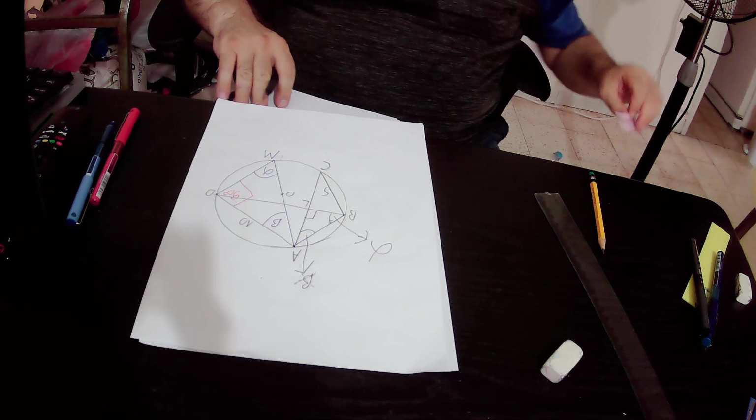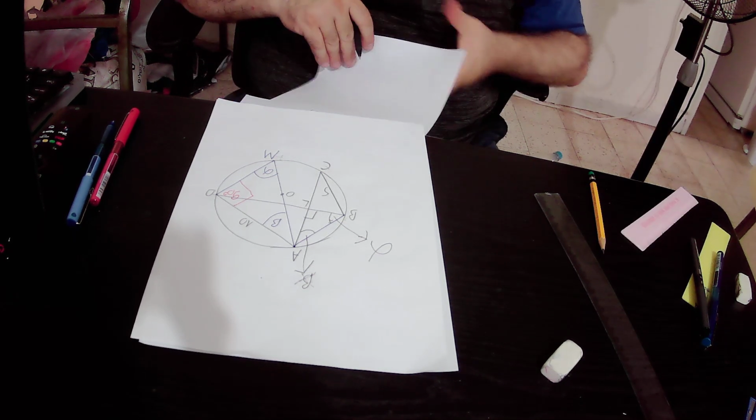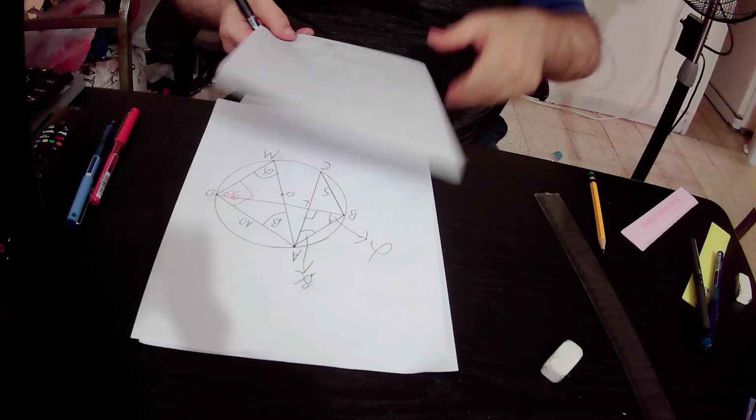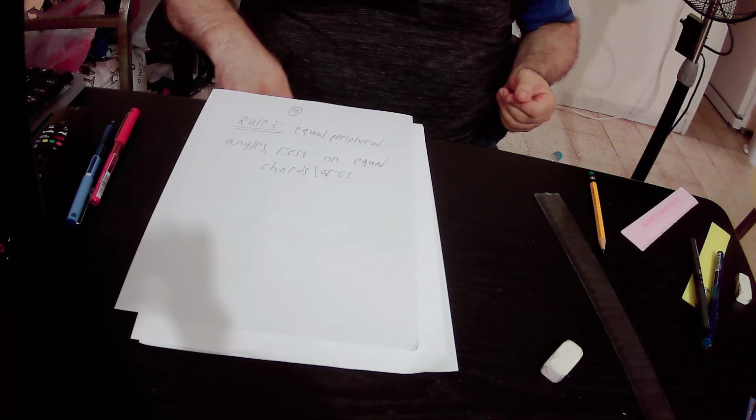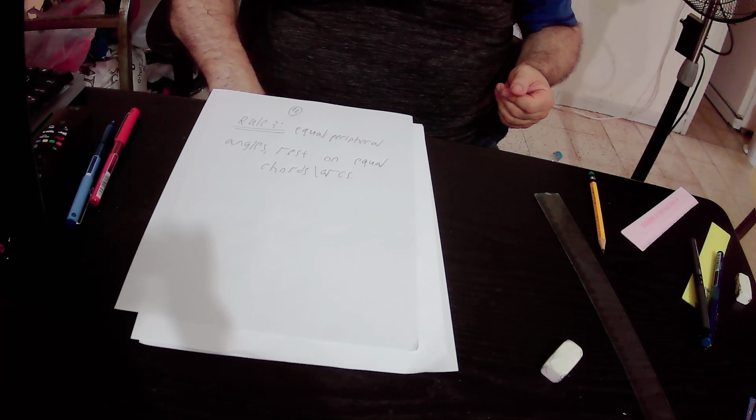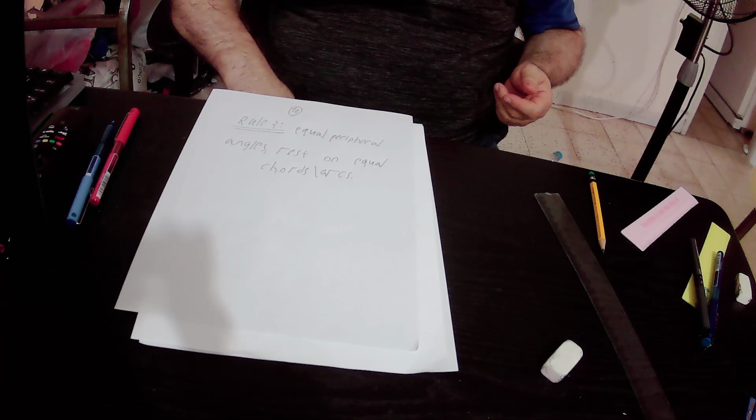So I will read again rule number 3. Actually, rule number 3 states that equal peripheral angles rest on equal chords or equal arcs.